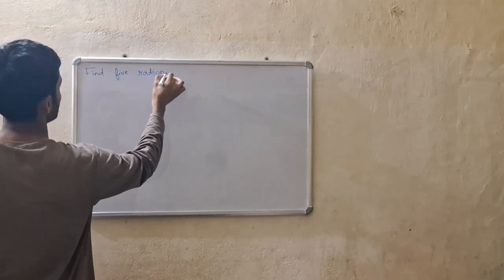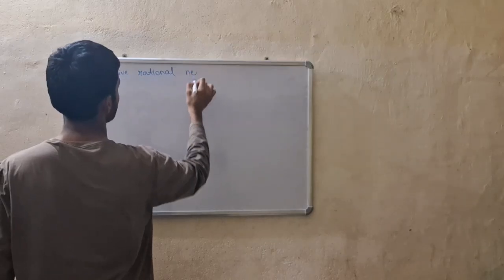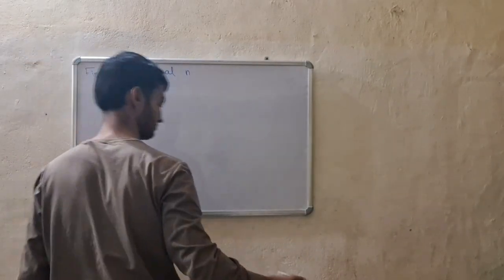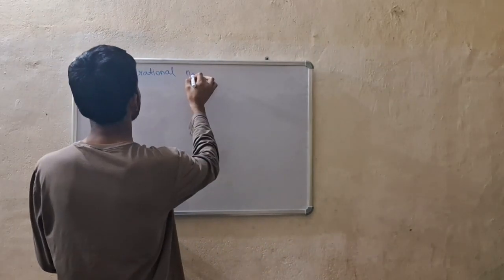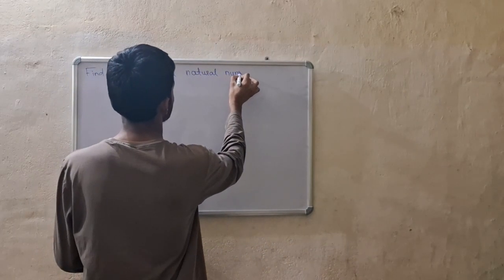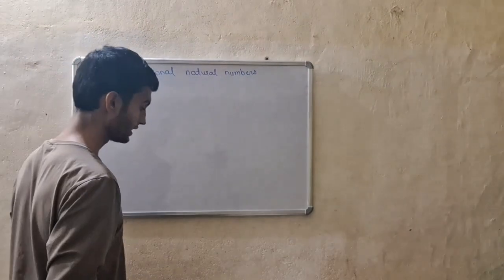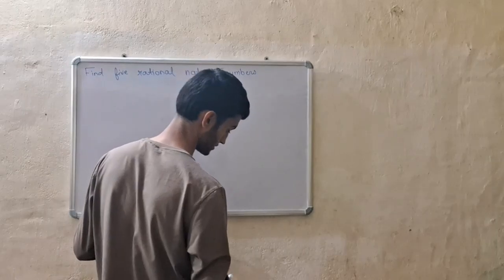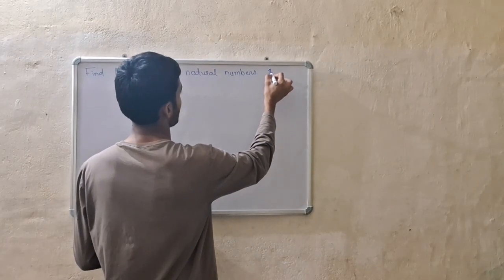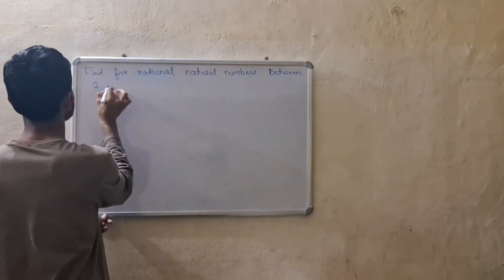Let's say 5. Find 5 rational numbers between 2 given rational numbers, right? Which are, let's say, between 1 and 2.